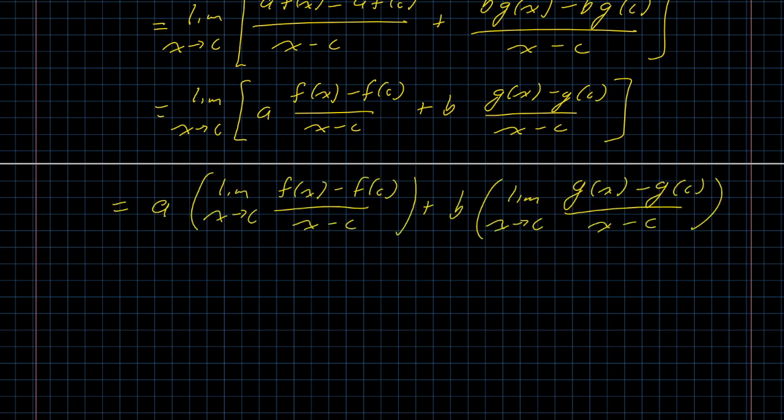We're left with a limit in the first set of parentheses that is f prime of c, and we're left with a limit in the second set of parentheses that is g prime of c. So whenever we have a derivative of a linear combination, we can split it up.